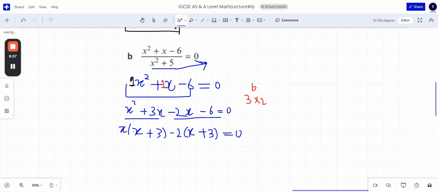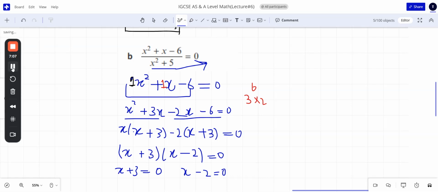Then we will take the common again, so x plus 3 would be common here. The second factor becomes x minus 2 equal to 0. Now we will put both the factors separately. So x plus 3 equal to 0. Then the same, x minus 2 equal to 0.